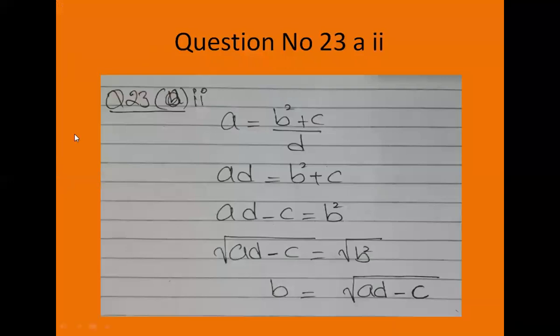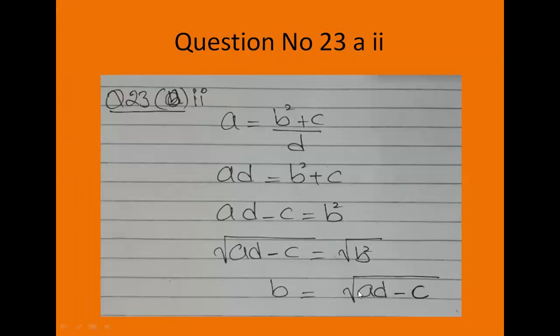Okay, so here you have A equals (B square plus C) divided by D. Take this D to the other side. You will have AD equals B square plus C. Take this C to the other side. Here it's adding, on the other side it will subtract. So you will have AD minus C equals B square. So take square root on both sides. So you will have the square root of AD minus C equals the square root of B square, and it will be cancelled.